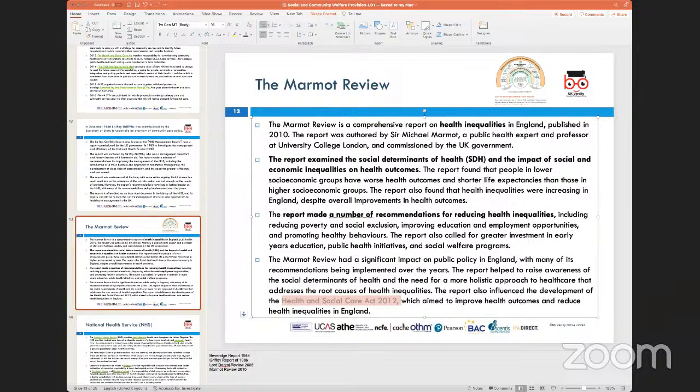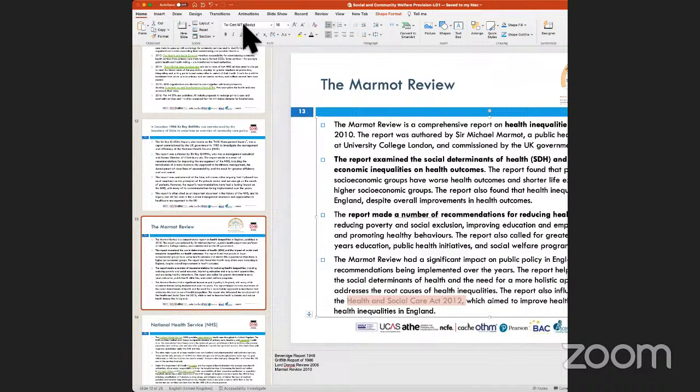Now, for some of you, this is quite a big document, and these two reports which I'm referring to, the Griffiths report and the Marmot review, are something that I would suggest you need to look at reading, although they are about 200 pages for one of them, and I'll show you that very quickly.